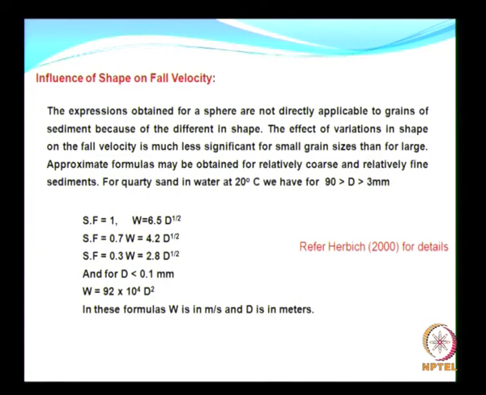So for example, if the shape factor is approximately 1, then W is equal to 6.5 times the square root of D. If you assume a shape factor of 0.7, then the fall velocity is 4.2 times the square root of D, and if the shape factor is 0.3, then it is 2.8 times the square root of D. For D less than 0.1 millimeter, you have a direct relationship for W in these formulas.